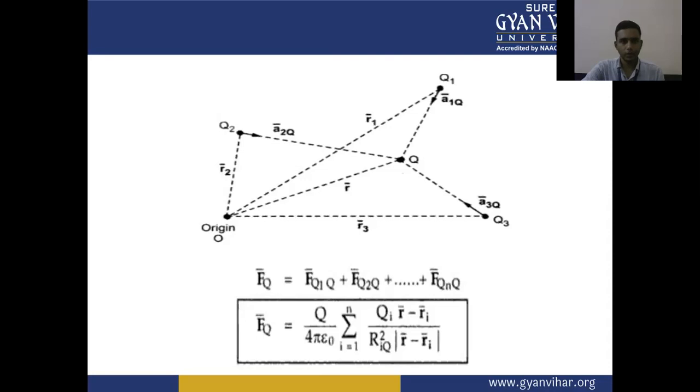So from the origin, the distance of charge Q is R, the distance from the origin to Q3 is R3, to Q1 is R1, and to Q2 is R2.